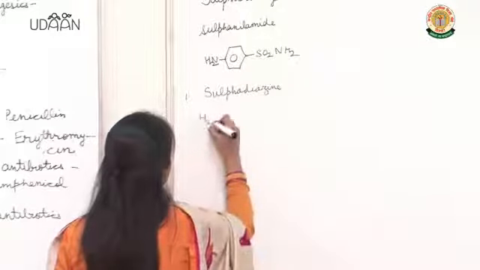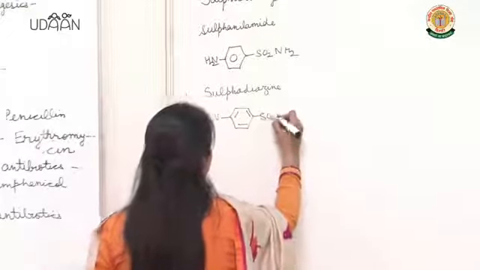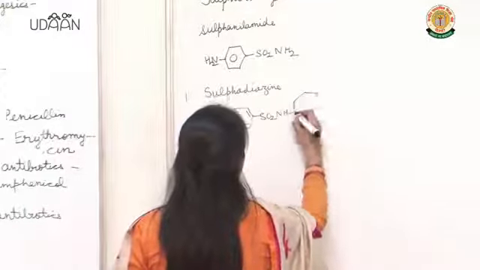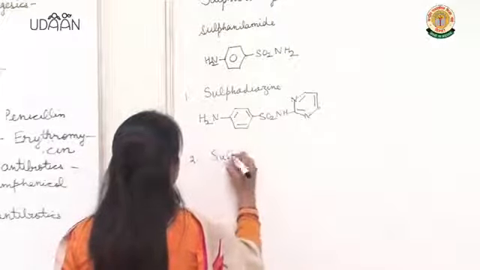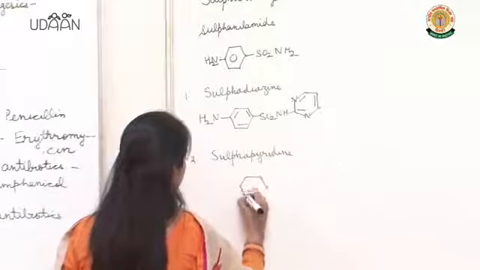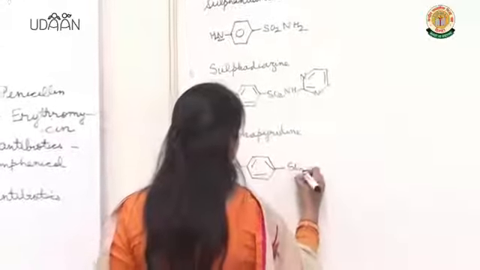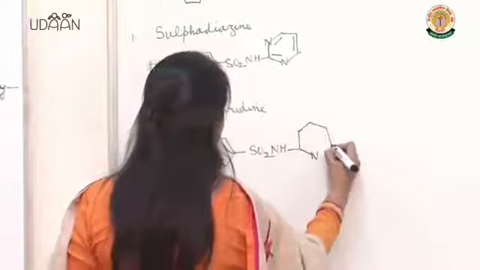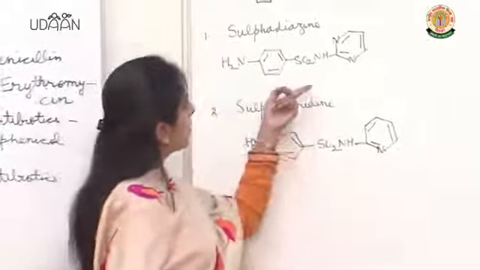So the structure of sulfadiazine is and sulfapyridine, that is sulfapyridine, and they are the derivatives of sulfanilamide.